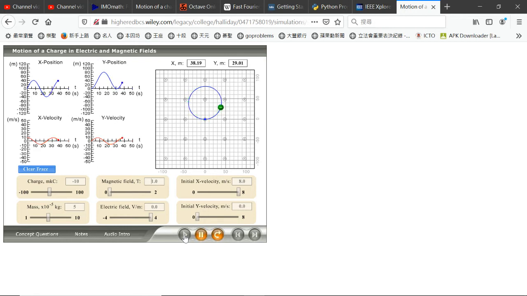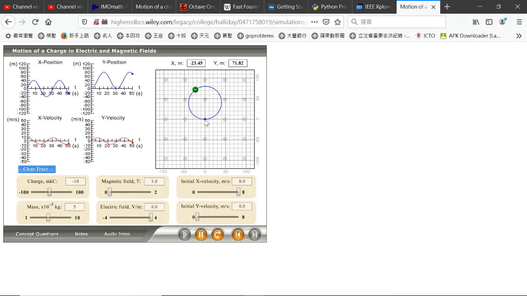So actually, it's a circular motion. At the starting point, v is pointing to that side, and B is out of the page. So v cross B should point downward, and this is a negative charge, so the force points upward.